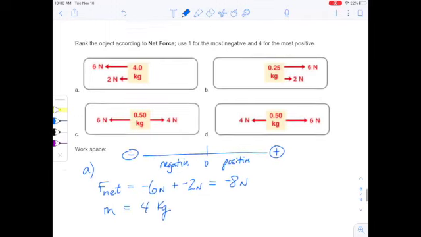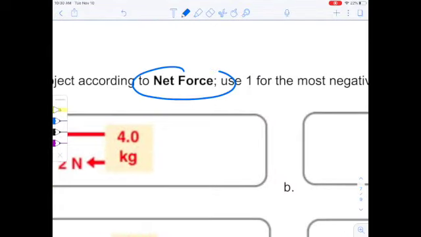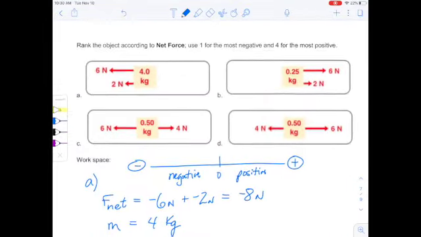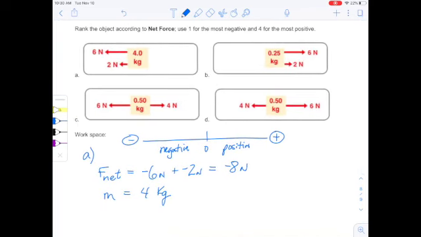For this particular problem, it only asked for net force, but for some of them, it asks for acceleration. So we're going to go ahead and solve for acceleration too, because it's something you'll need to do for a different one. I'm just going to leave a question mark there for right now. To solve for that, Newton's second law is F net equals mass times acceleration.